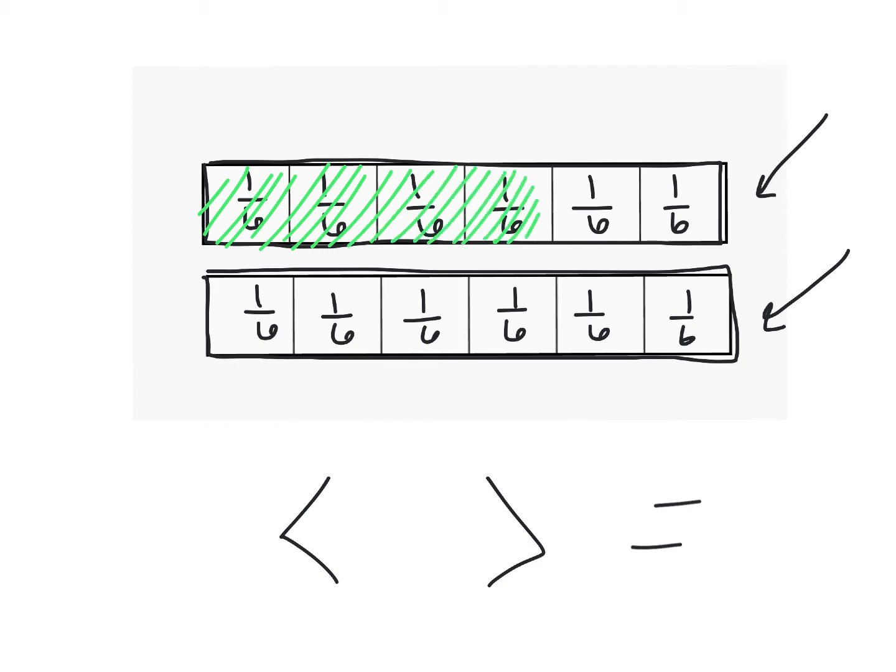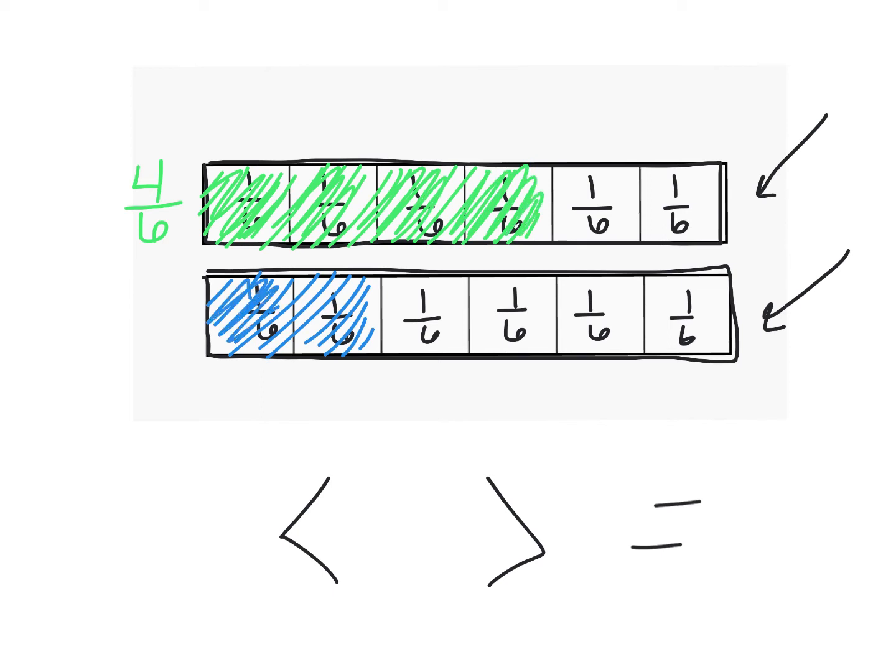I compared mine with my friend who also broke them into equal parts, but my friend broke it into 2 equal parts. So my portion is 4/6 because I have 1, 2, 3, 4 out of 6 equal parts.